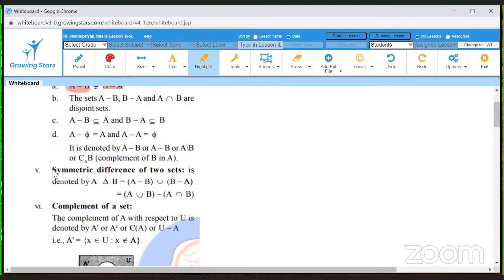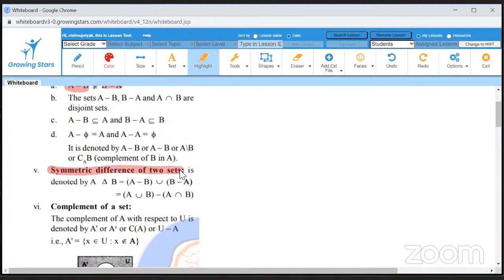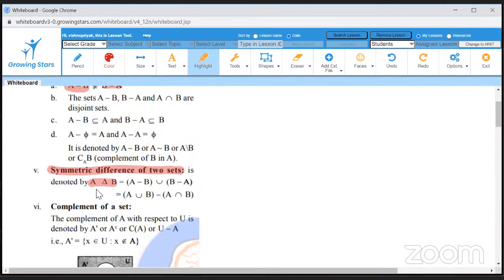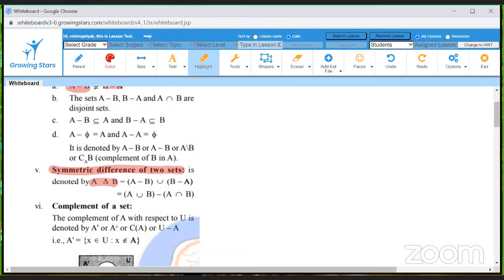The next is symmetric difference of two sets. Symmetric difference, you can write A delta B. Delta means symmetric difference. And how will you find A delta B?